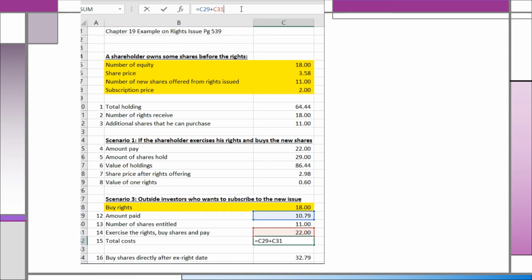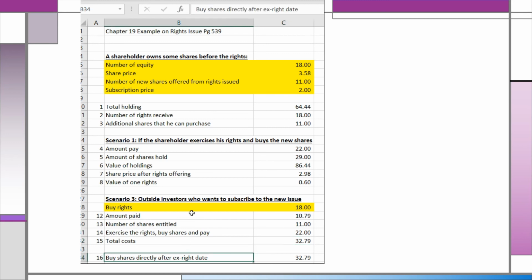The total cost is the price paid to buy the rights and the new shares, which is 10.79 plus 22, and the total cost is £32.79. Question 16. Is it better for the outside investor to buy shares directly at £2.98 after the ex-rights date?